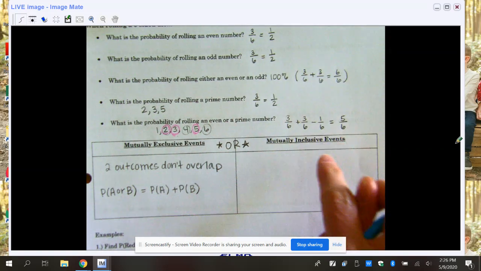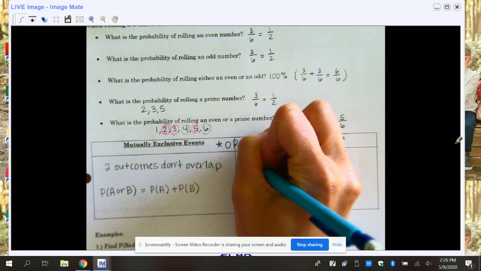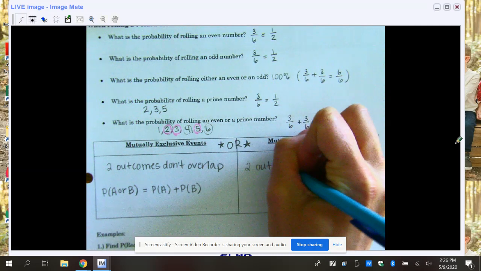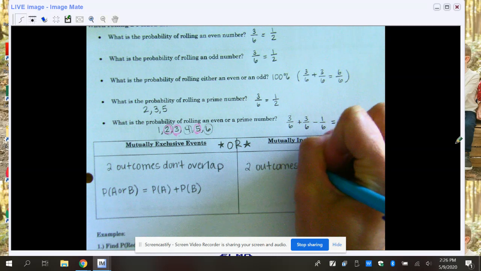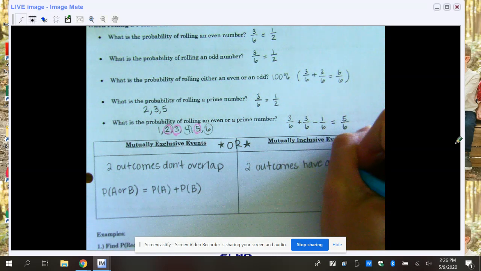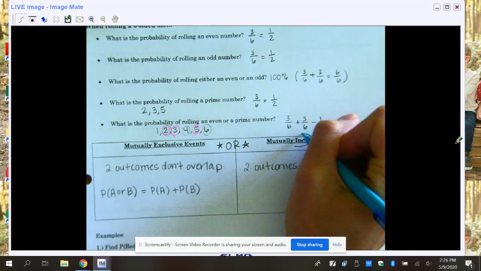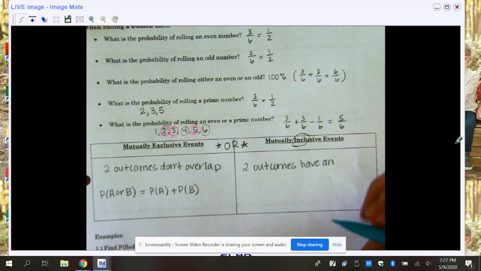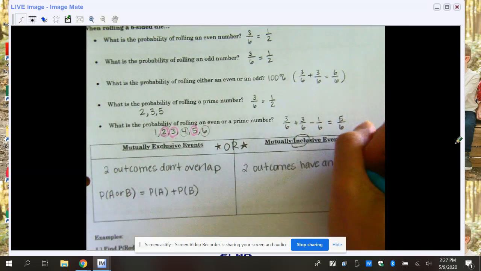But if two events are mutually inclusive, that means that two outcomes have an overlap. Okay, so I just think of that word like included, right? If you are looking at something where you have a value that's included in both probabilities, those would be mutually inclusive.